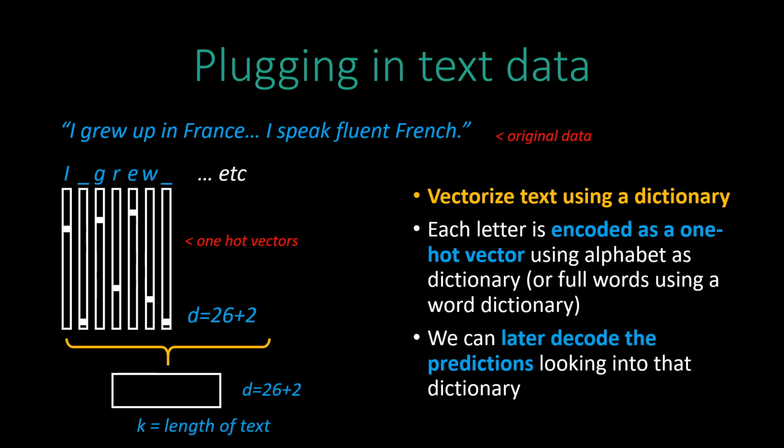So if this is the original data, then we will encode this sentence using this process. For each letter, we will find its position in some sort of dictionary. For the alphabet, it's easy because we already have a dictionary called alphabet. But we will see that there are some special signs, like maybe even space actually.